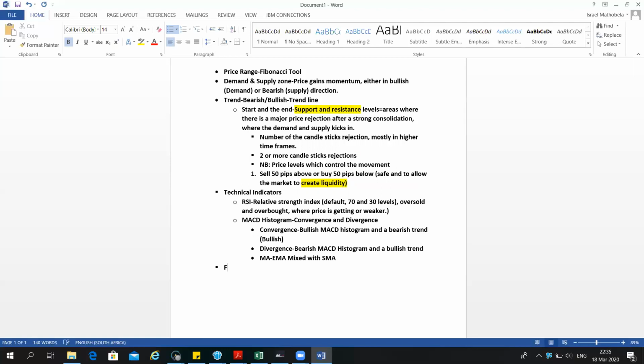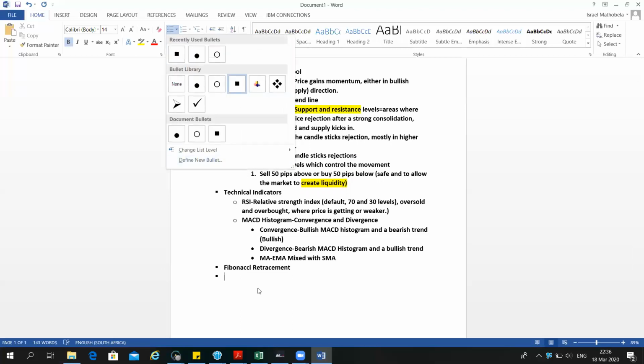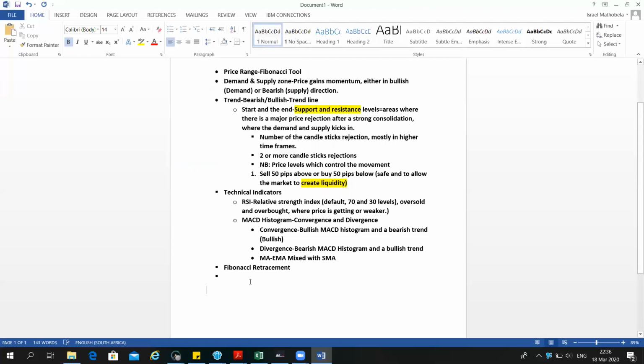So in the beginning, I spoke about the Fibonacci retracement tool. With the Fibonacci retracement tool, you will need to apply it in a manner that is understandable and easy.